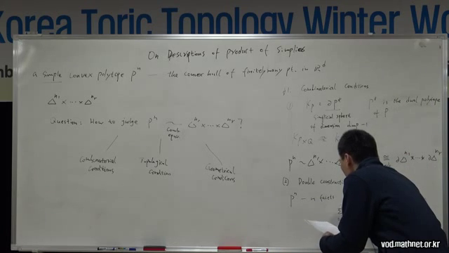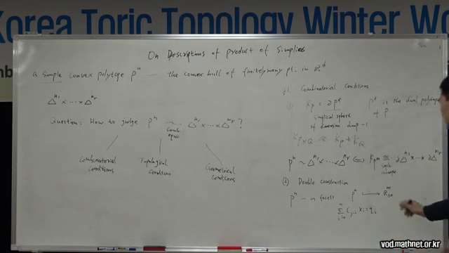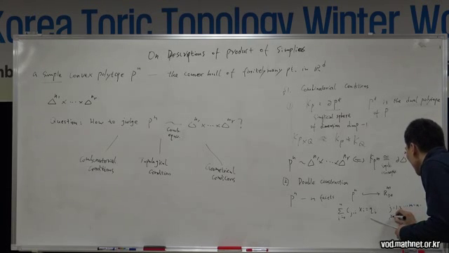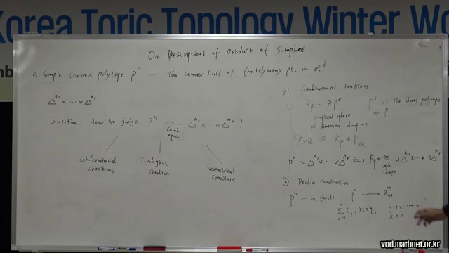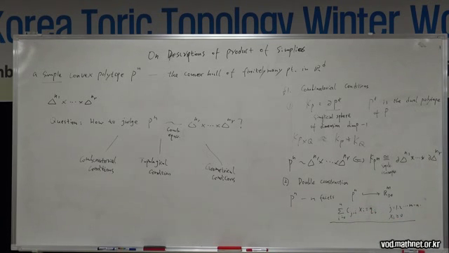Suppose I write the linear equations like this, where c_ij and q_i are some real numbers, j from 1 to m minus n, and x_i greater than or equal to 0. So P^n can be thought of as a subset of this positive cone, the image of this linear map with coordinates greater than or equal to 0. So this is one way to think of it as a subset of this space.